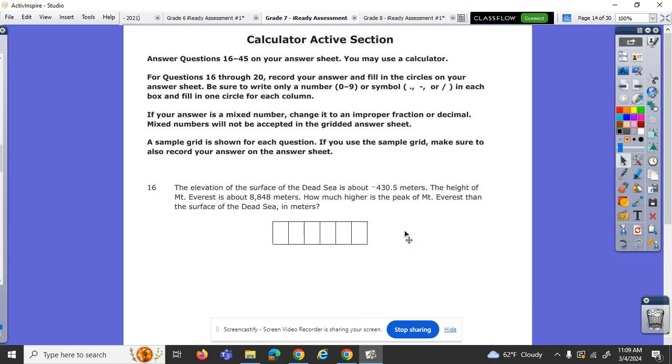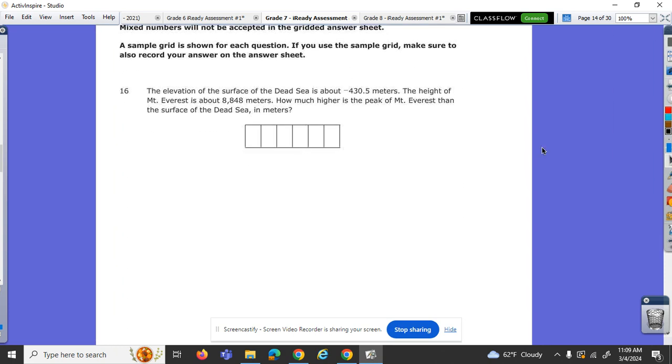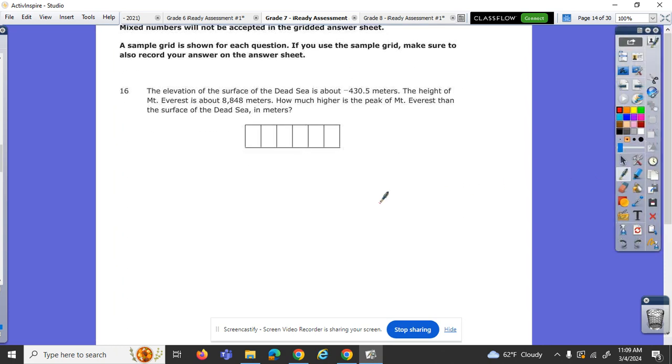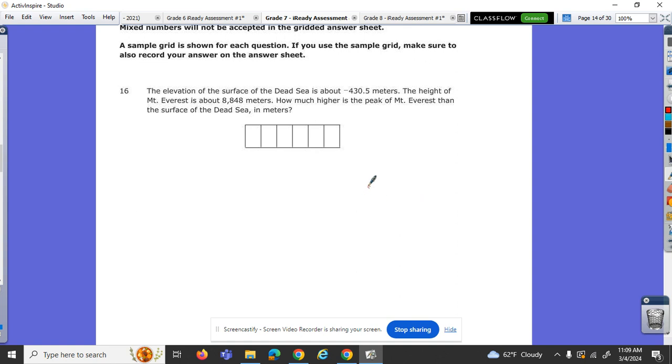All right, we're going to draw a little picture for this one to help us out, and I encourage you to draw this picture with me. When we talked a long time ago about sea level being our zero, a lot of times they'll use this as an example to help you with your integers. So we've got, say, Mount Everest.